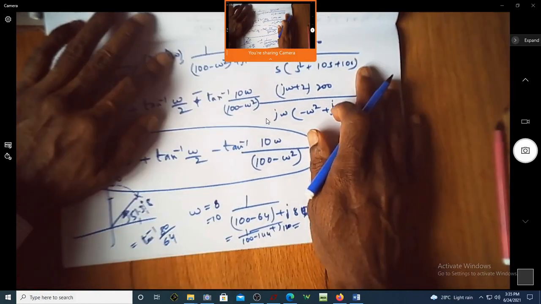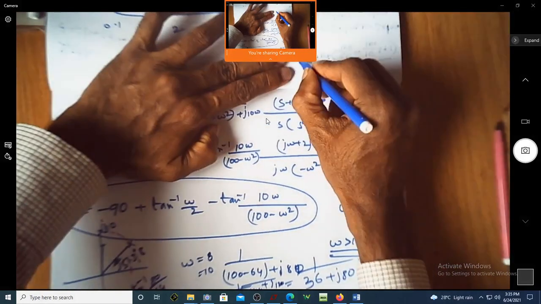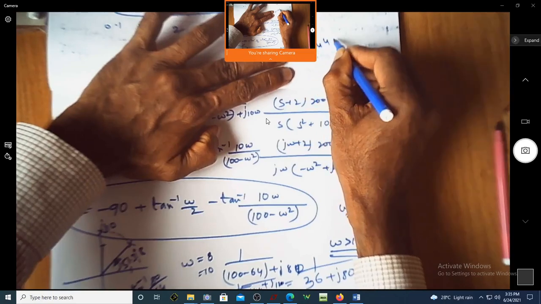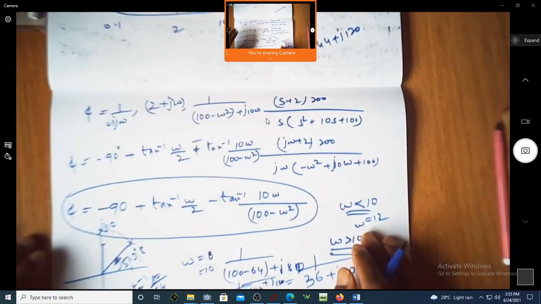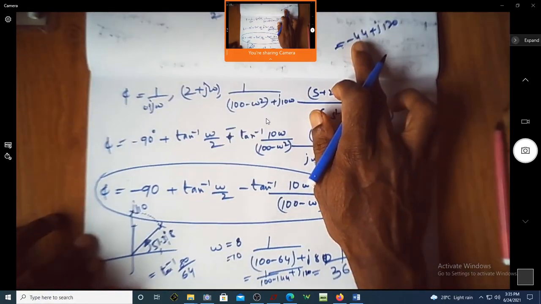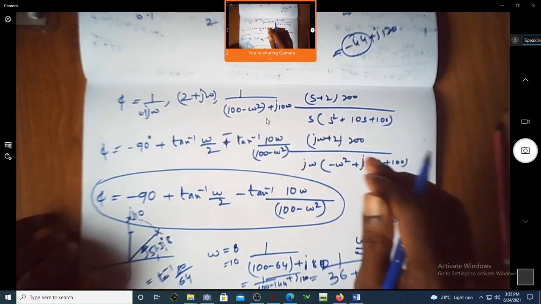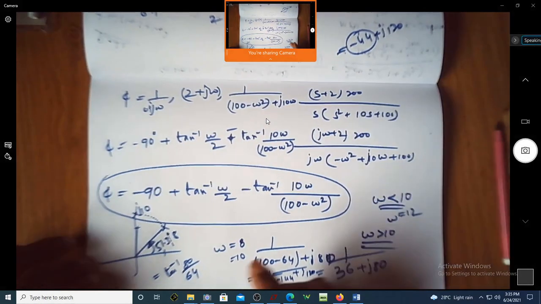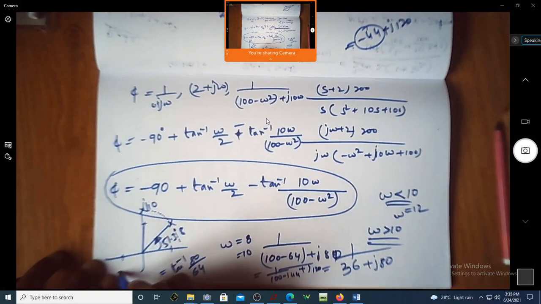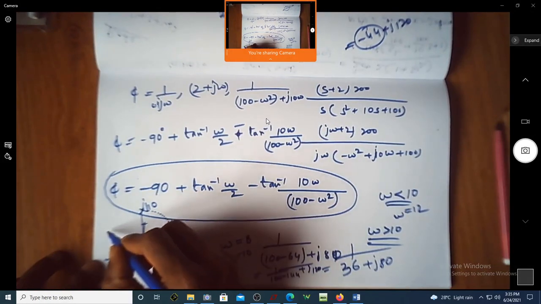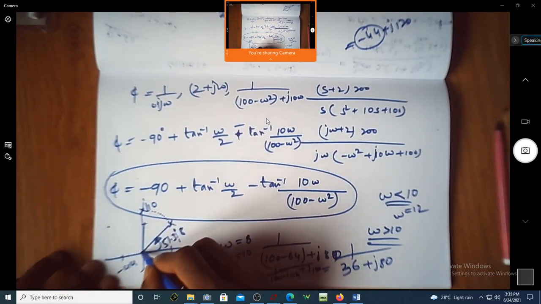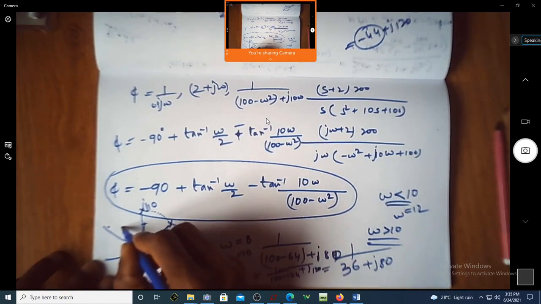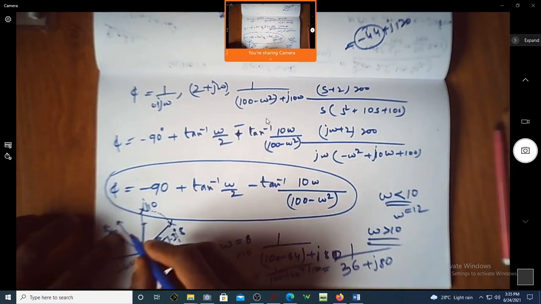Then what is the pole position? Minus 44 plus j120. Where do you represent this? Can you see the real part is negative? So this is minus 44 and this is 120, somewhere here. This is your point.